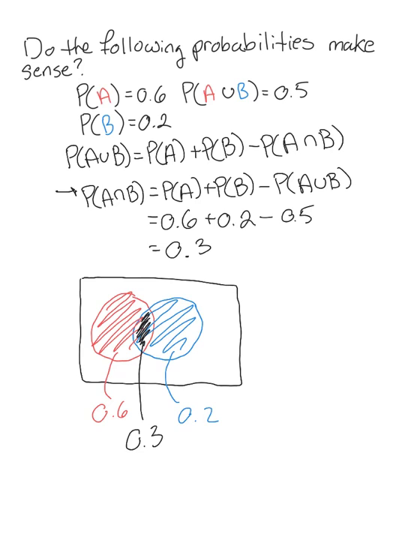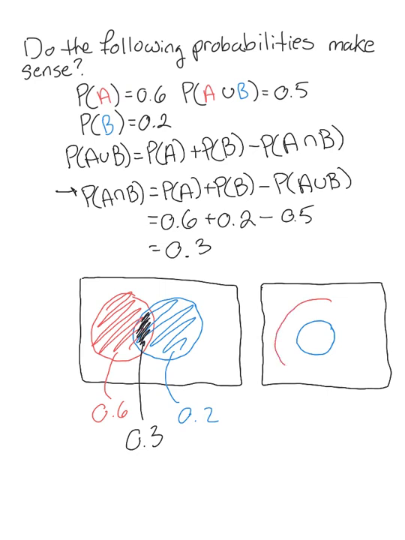Now, to show you why it has to be at most 0.2, I can draw a different picture of a potential scenario here. So if we draw the second one over here, and let's say we have B here, and then we have A out here.